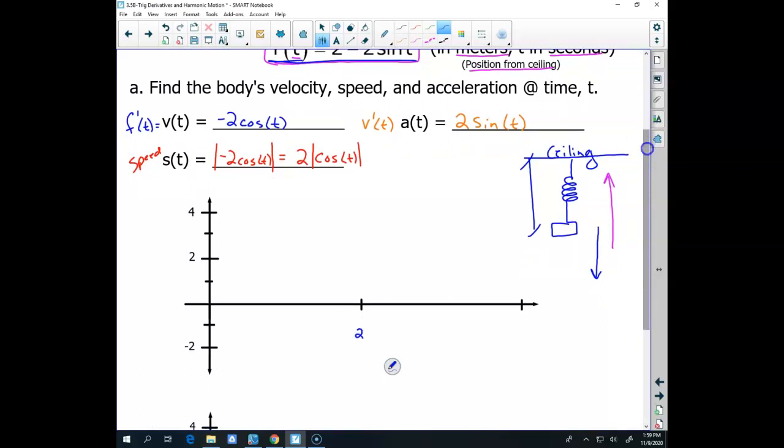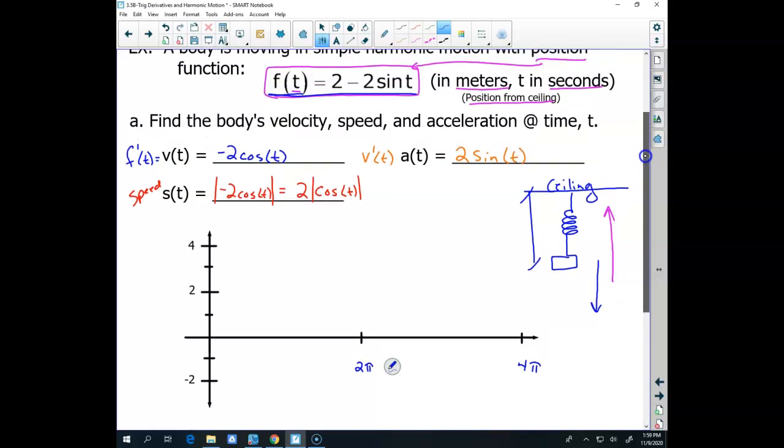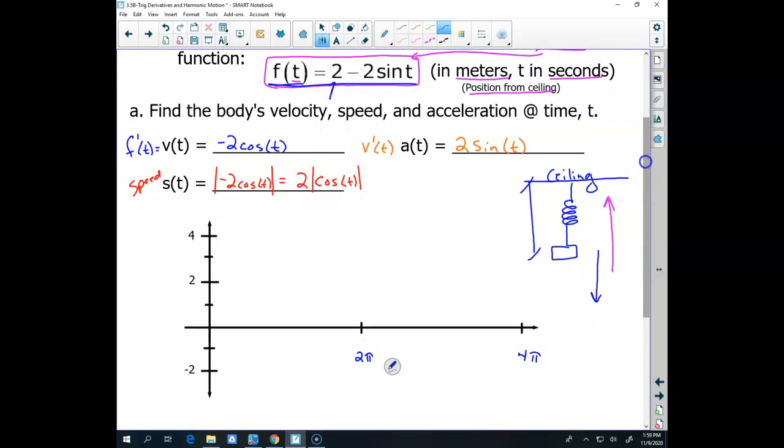So I'm going to say this is like 2 pi and this is going to be like 4 pi. And the first thing we're going to do is graph position. So position is graphing that 2 minus 2 sine t. Well, remember, this shifted my sine function up. This gave my sine an amplitude of 2.